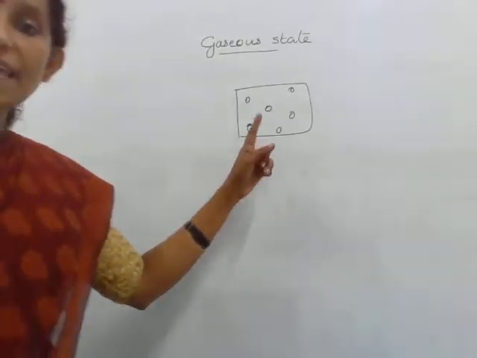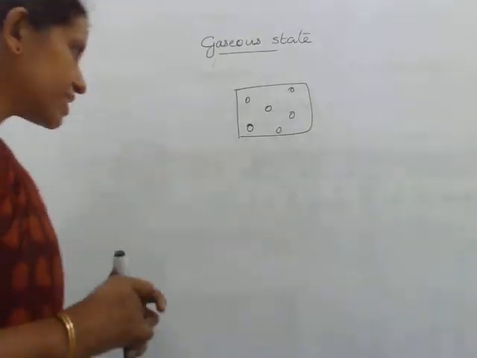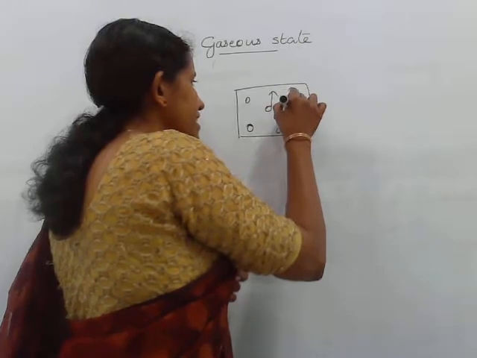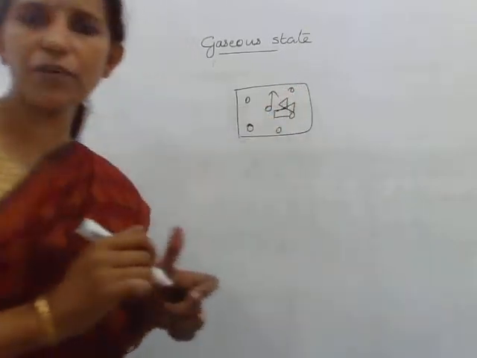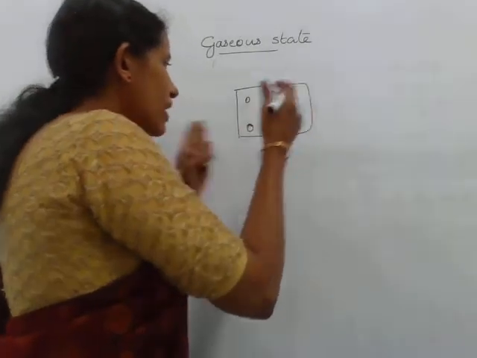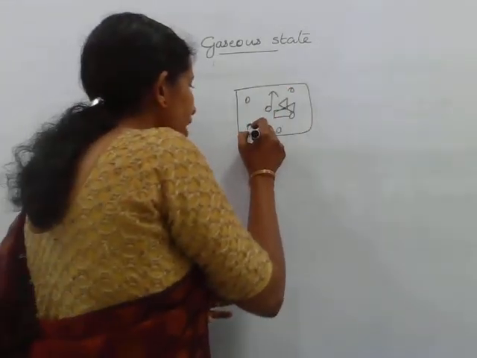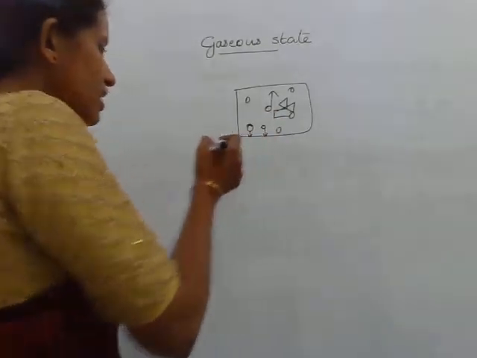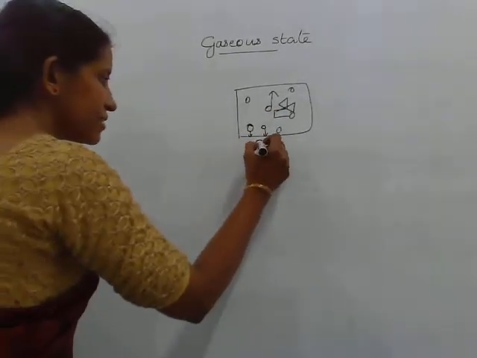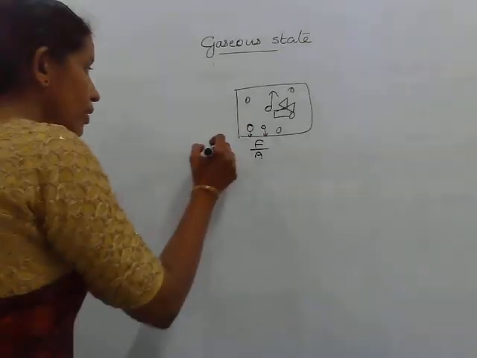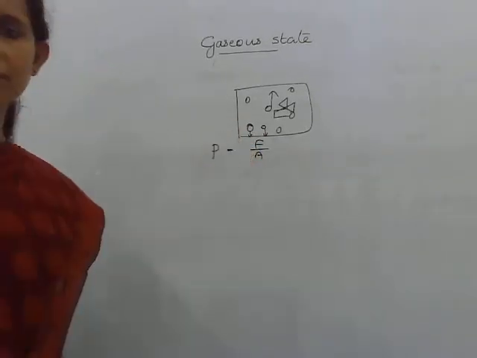Moreover, gases can exert pressure. This means gas molecules are always in motion. They have maximum kinetic energy. They move in a zigzag manner without any proper direction. During their movement, these gaseous molecules collide with each other, and also with the walls of the container. The force applied per unit area on the walls of the container by the gaseous molecules is called the pressure of the gas.